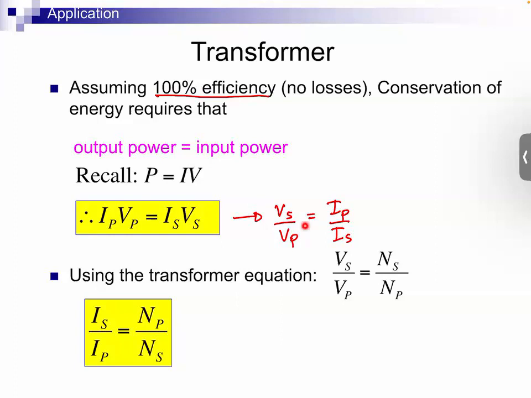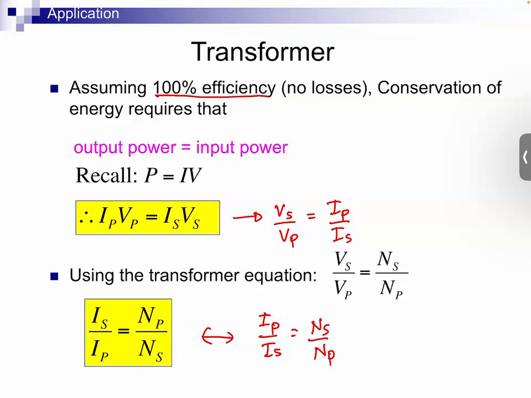Right, and then we substitute Vs over Vp is equal to Ns over Np. So we'll have Ip over Is is equal to Ns over Np. Or it's the same as flipping the equation: Is over Ip is equal to Np over Ns. So these two equations are equivalent. They're just flipped versions of each other.